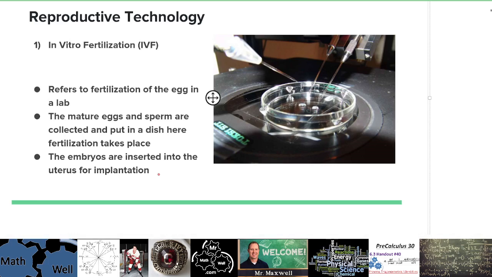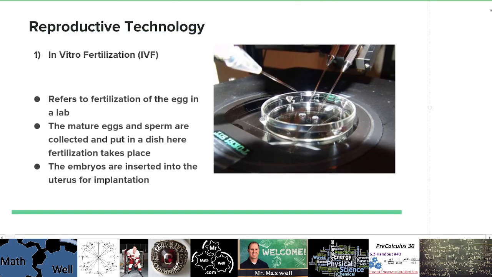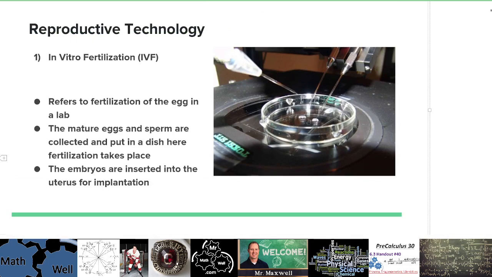That can be identified, and there are medical procedures that can help this happen outside of the body. So pretty amazing. But again, there are different issues related to stuff like this as well.